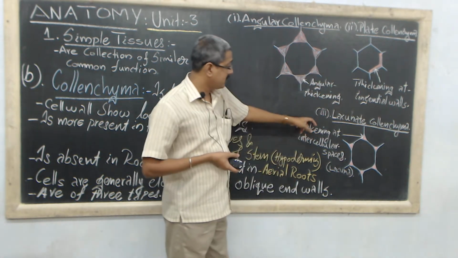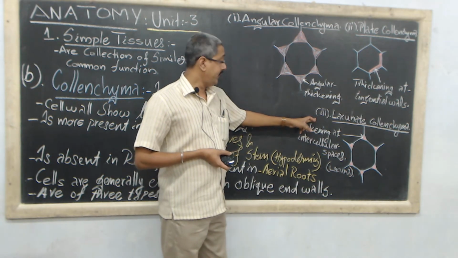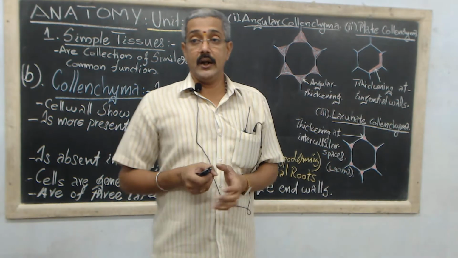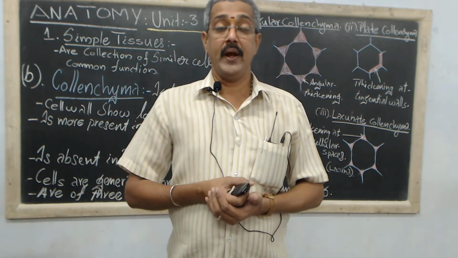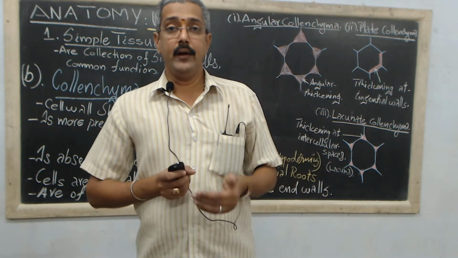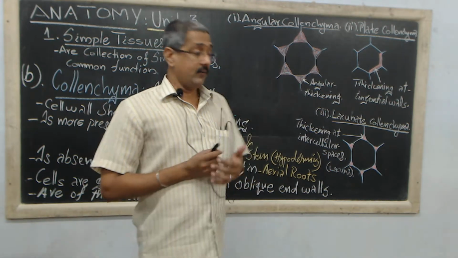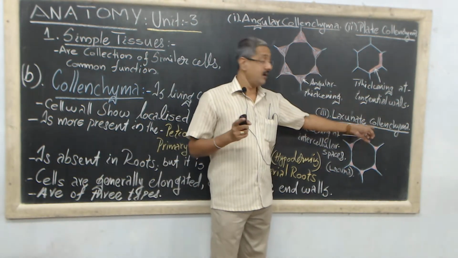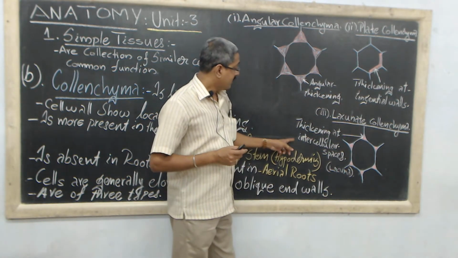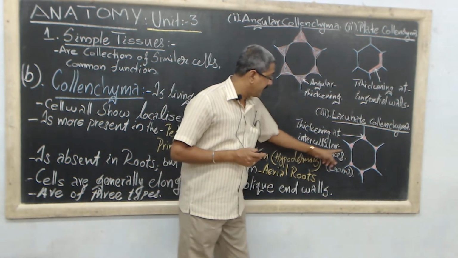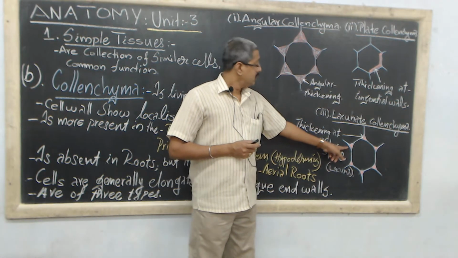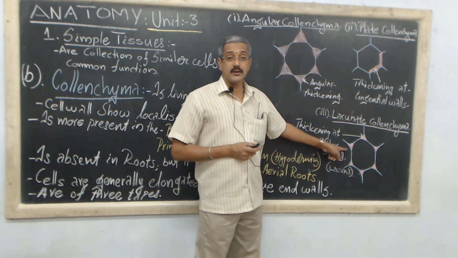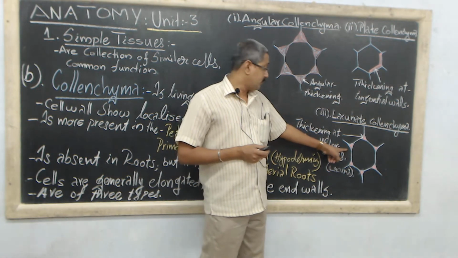And the third one is lacunate collenchyma. Why is it called lacunate? Lacuna means the gap. Each cell is differentiated from a fundamental tissue, and thereafter the localized thickening happens, and that is why those types of cells are called collenchyma. Here in the third type, the thickening is at the intercellular spaces alone, that is each cell shows localized thickening only inside the intercellular spaces.